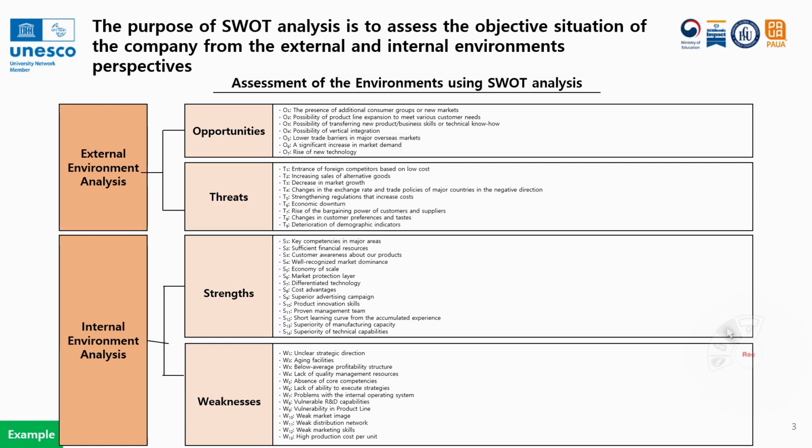And then threat example number 3 is the decrease in market growth. It's related to the industry analysis. According to our industry analysis, the first thing we have to look at is the size of the market and then the growth rate of the market.